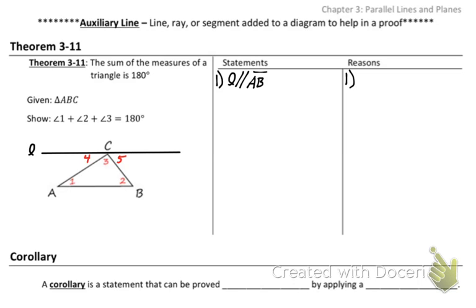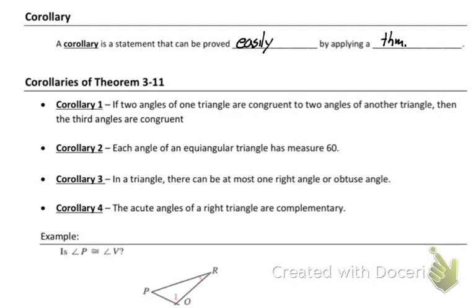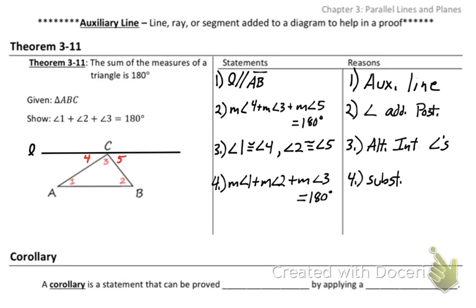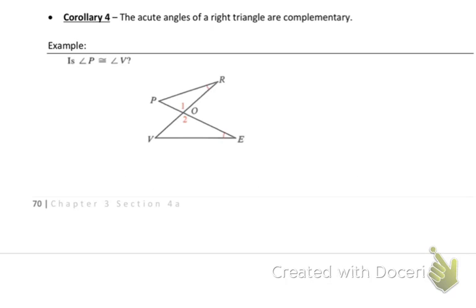Now, per the book, Sabrina? I was going to say alternate interior, but then I realized... I think it should actually be corollary 1. It will be corollary 1. It can't be alternate interior because we don't even have parallel lines.